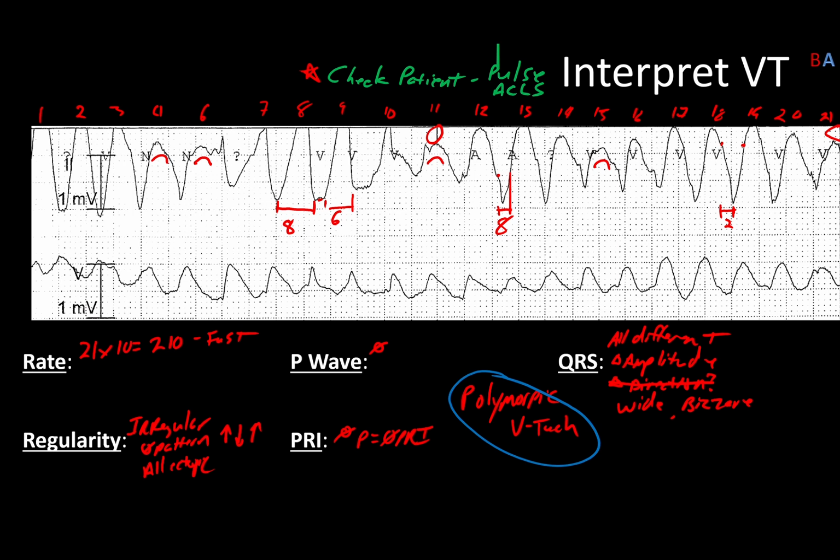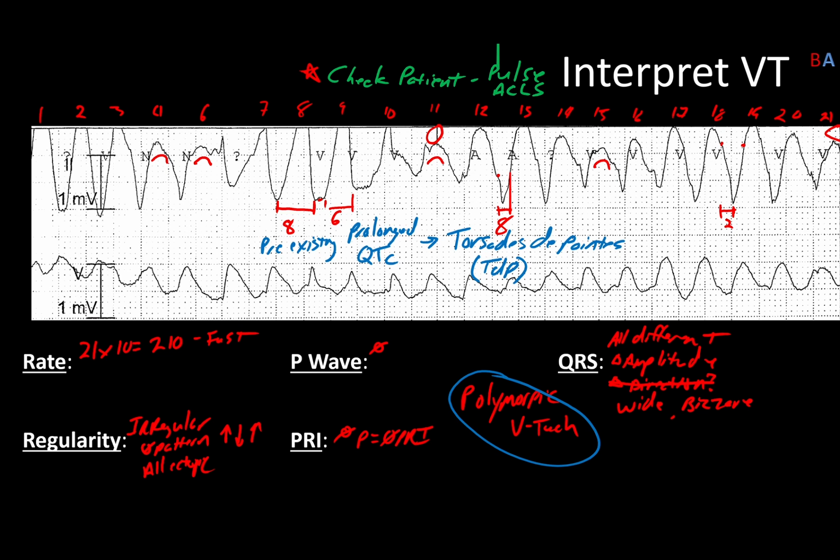This is one of those great examples: if you have a pre-existing prolonged QT interval, I'll just call it a QTc, and you go into a polymorphic V-Tach, we're going to call that torsades, TDP.